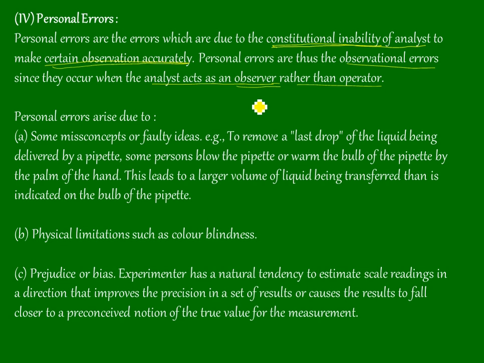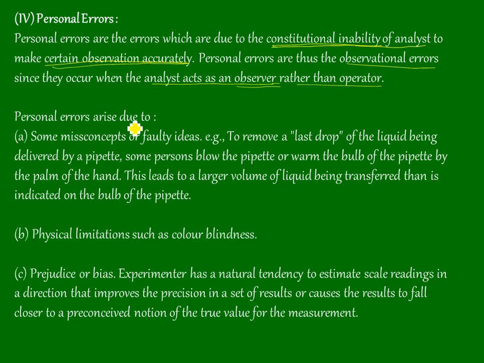And thus, if he is not getting the correct endpoint, the correct change in color, then he is going to make an error. So these errors made by the analyst are called personal errors. These are also called operational errors.